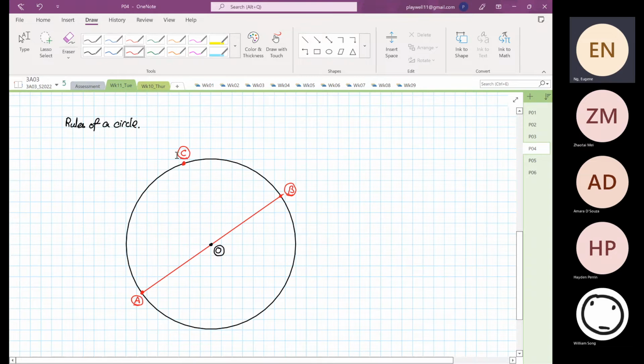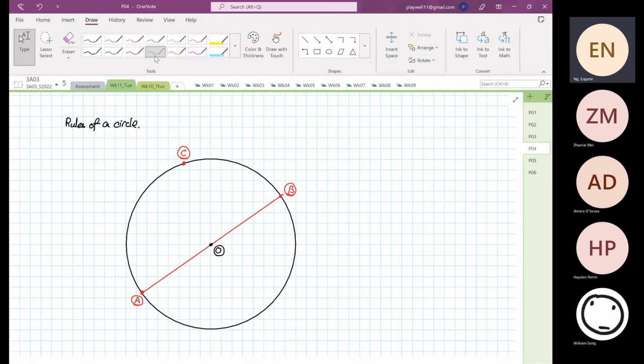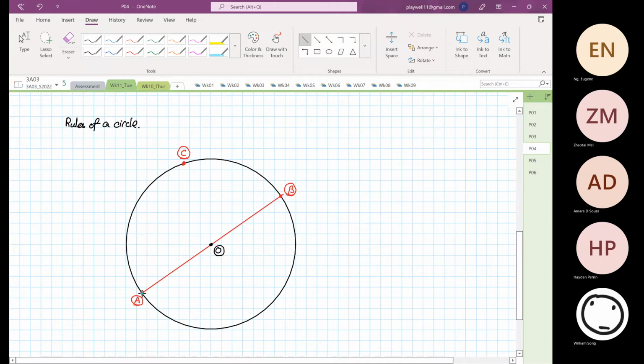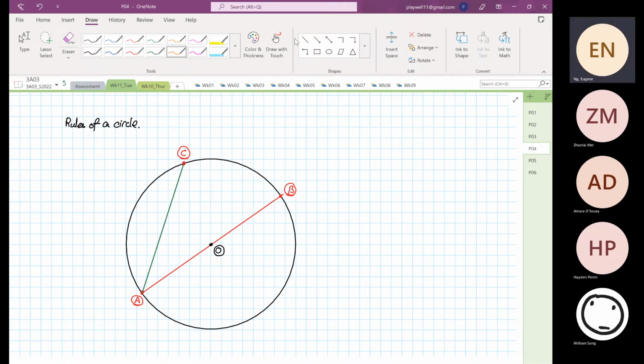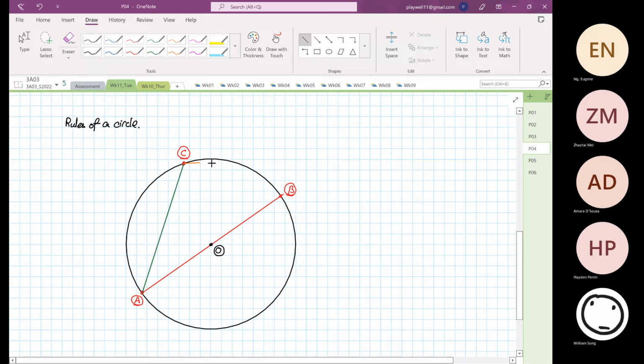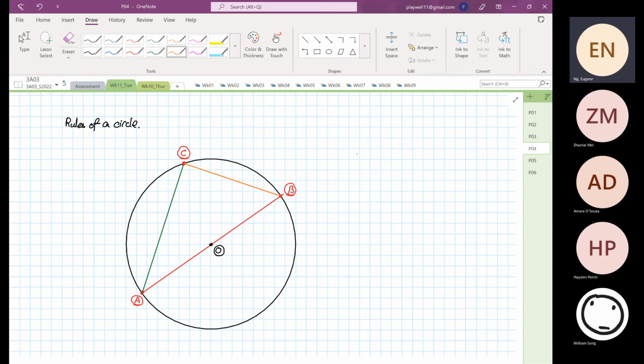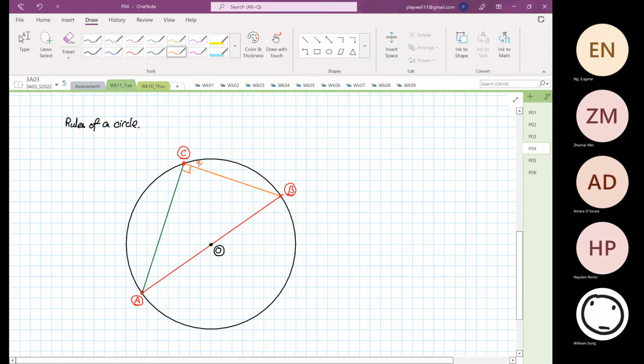Now, if I join a line from point A to point C, and then from point C to point B, and you use a protractor to measure it online, this is spot on, held at 90 degrees, very accurately.